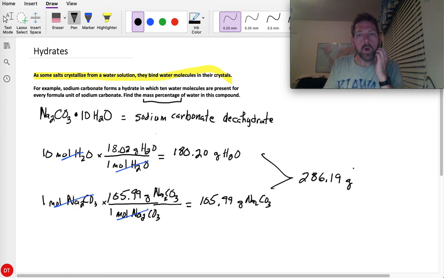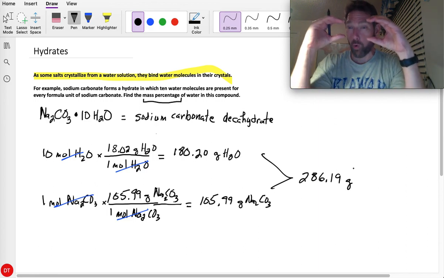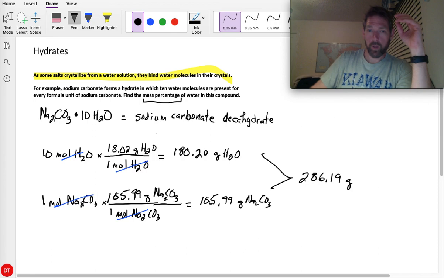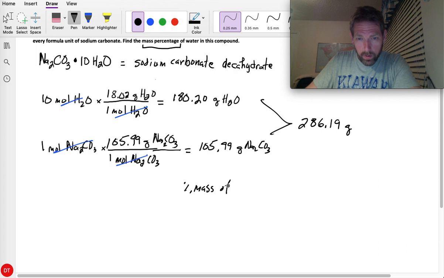Okay, so now find the mass percentage. To get any kind of percentage, your denominator has to represent the whole amount. Your numerator has to represent the portion you're looking at, right? So let me move this up a little bit. Give us a little bit of space here. So the percent mass of water.